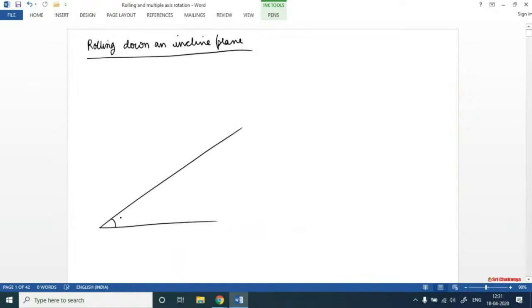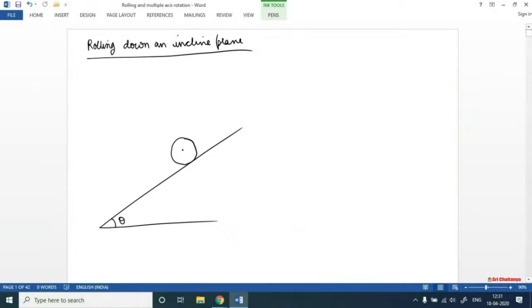Let's say we have an inclined plane of angle of inclination theta, and over which we have a round body. This round body could be anything. It could be solid sphere, hollow sphere, solid cylinder, hollow cylinder, whatever it would be.